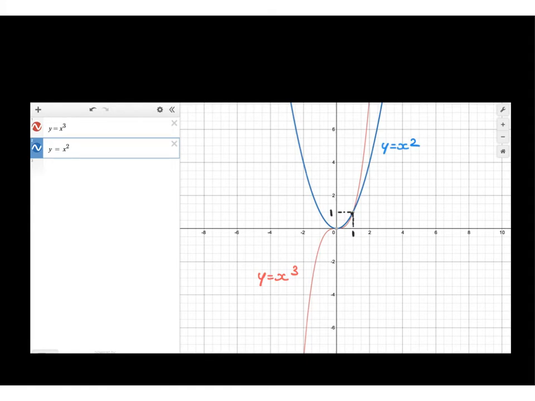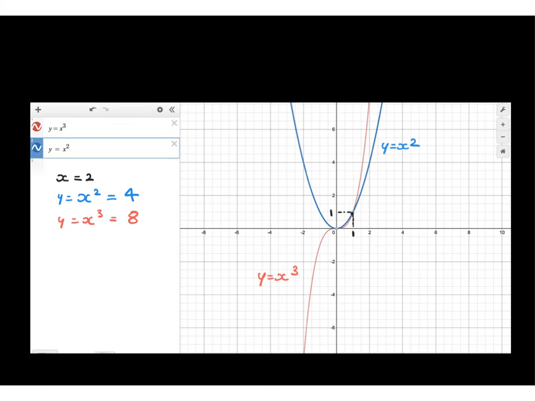After we hit this point, y equals x cubed starts to become much, much steeper, and you can choose a pair of coordinates just to explore this. If x is equal to 2, then y equals x squared would have a y coordinate of 4. But y equals x cubed has a y coordinate of 8, so much higher.